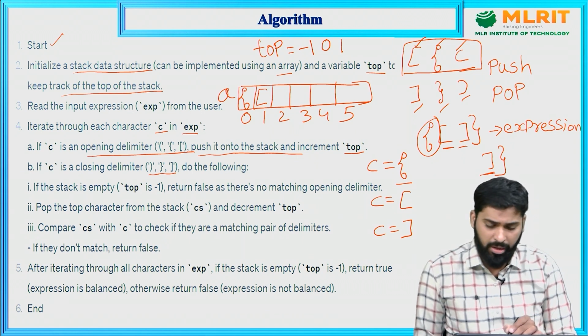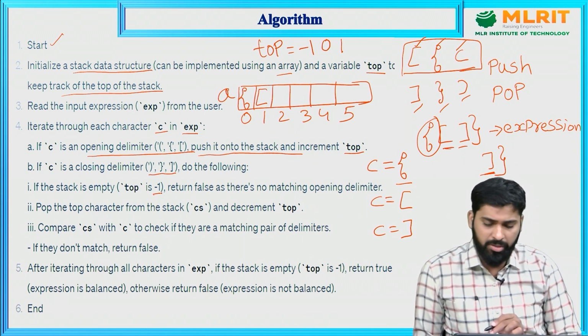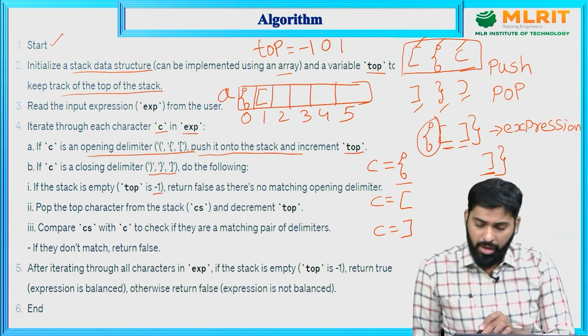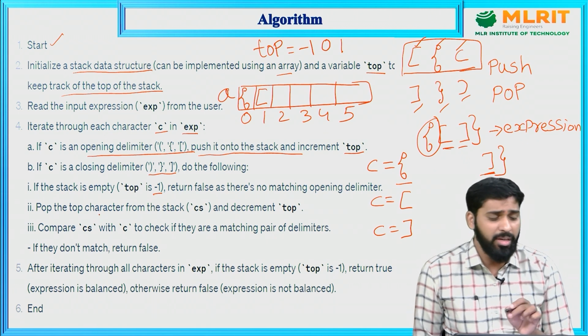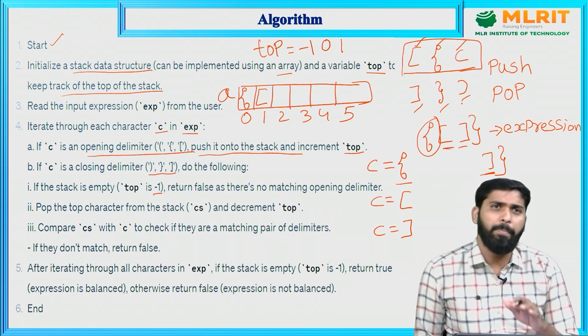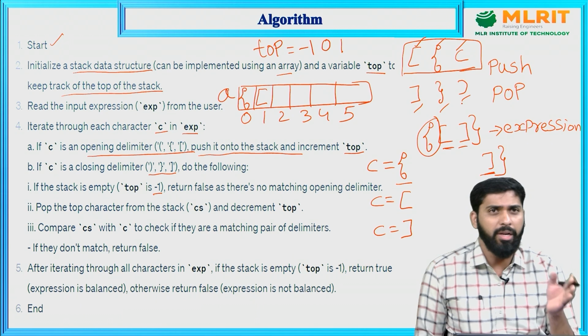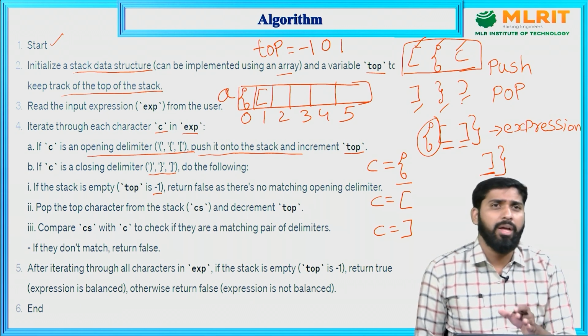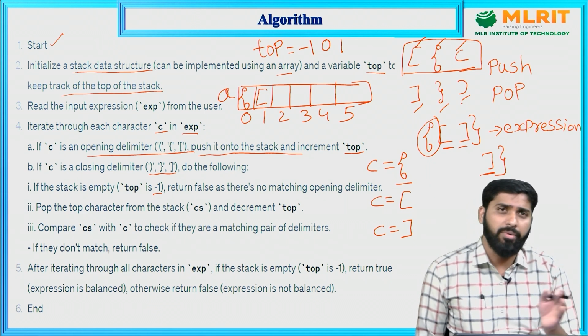So if top is -1, then we assume that it is an unbalanced delimiter. If it is open, push the character into the stack. If it is a close, then pop the character from the stack.